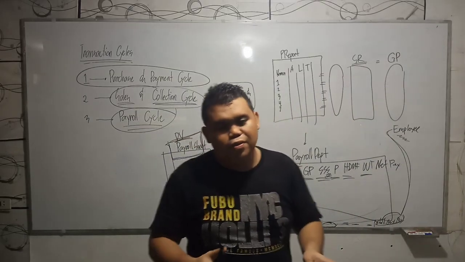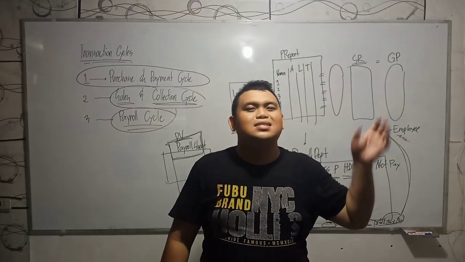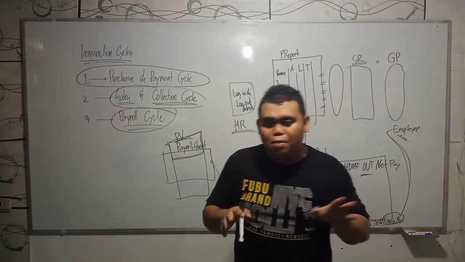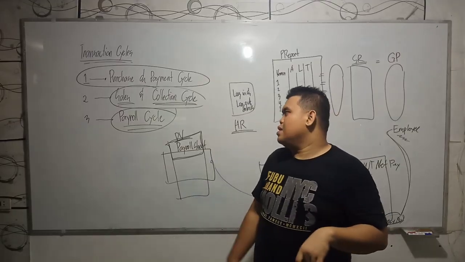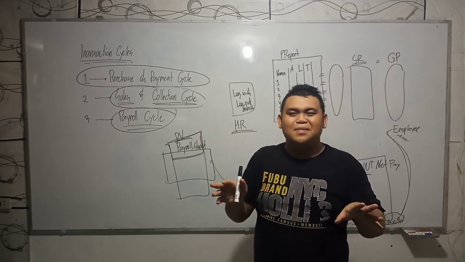So the next video that I'm going to upload is related to testing controls, whereby you are going to be asked about situations related to transaction cycles and internal controls. Okay?